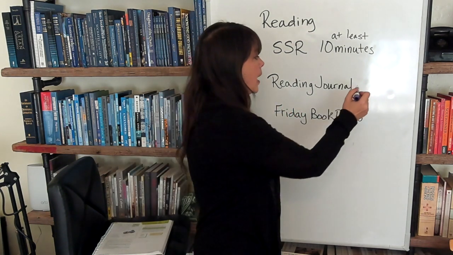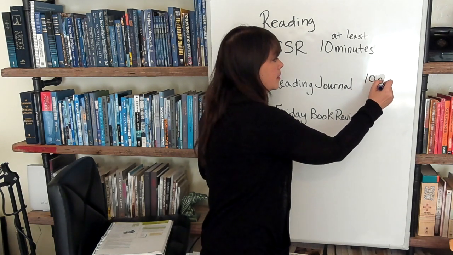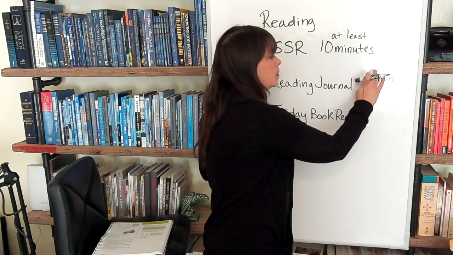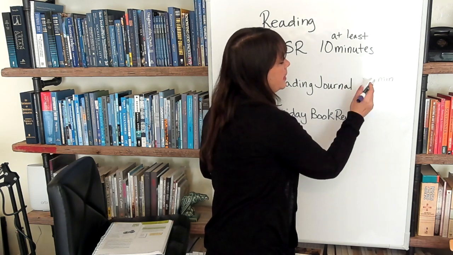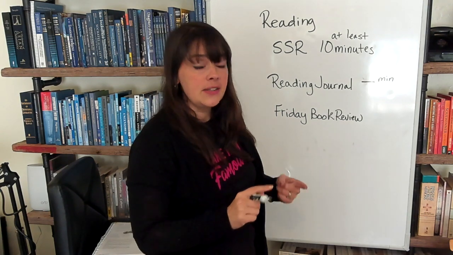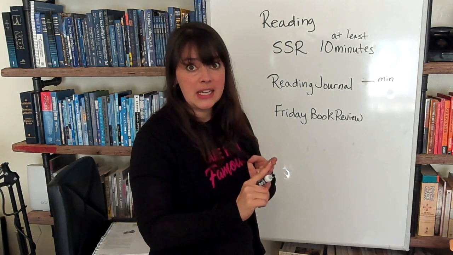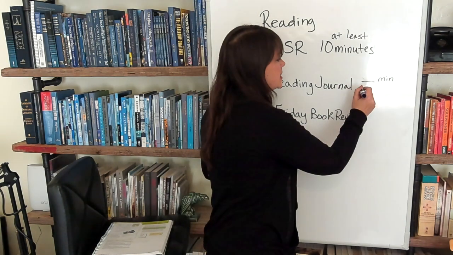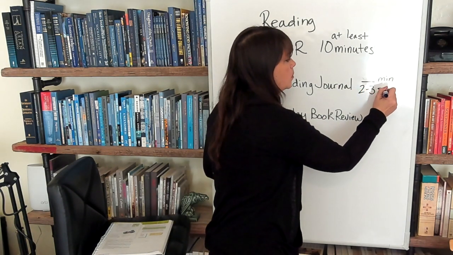So you'll write down how many minutes, and you can just write how many minutes because maybe it's more than 10. But it needs to be at least 10. Each day, so starting Tuesday, Wednesday, Thursday, you're going to write down how many minutes and then 2 or 3 sentences about what you read, okay?